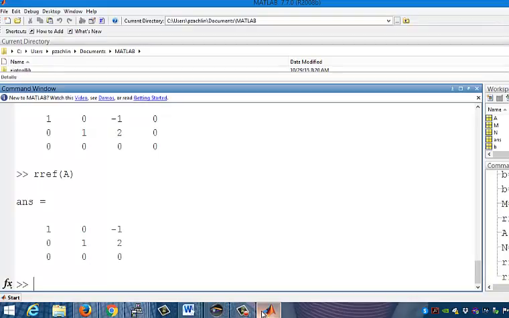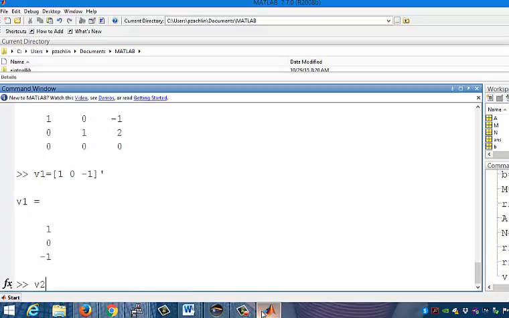So if I go to MATLAB and I say V1 is the vector 1, 0, -1, and I'll put an apostrophe so that it goes on its side, even though it's a row.